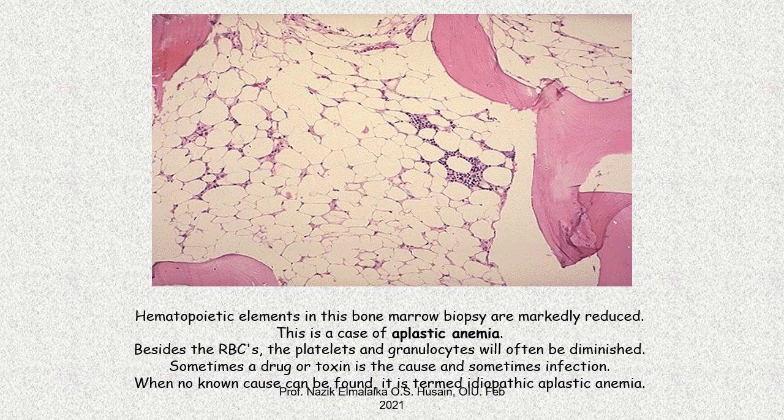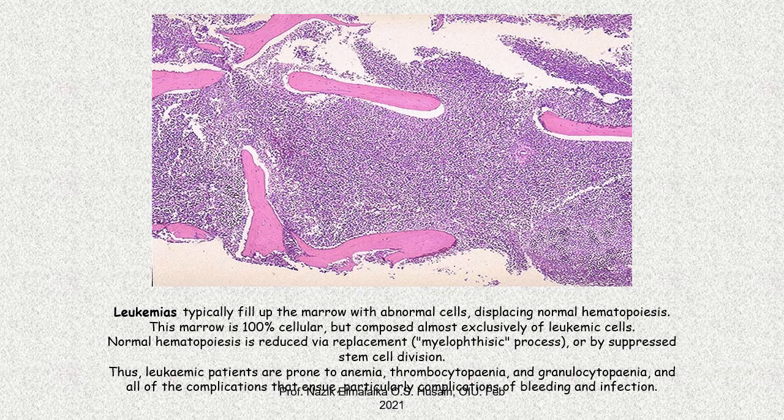Is it because of the failure of the stem cell proliferation, aplastic anemia, or because of replacement with neoplastic cells? This is a case of aplastic anemia, failure, and this is a case of leukemia. The bone marrow is replaced by abnormal cells.